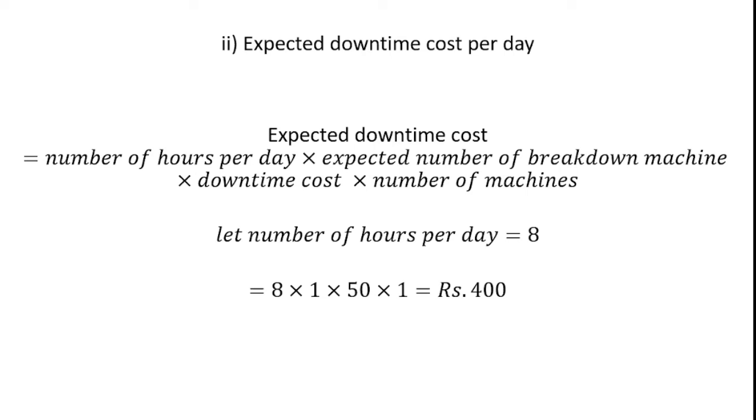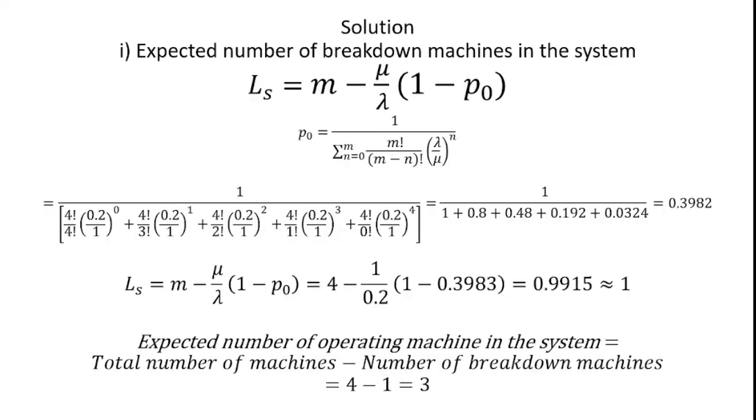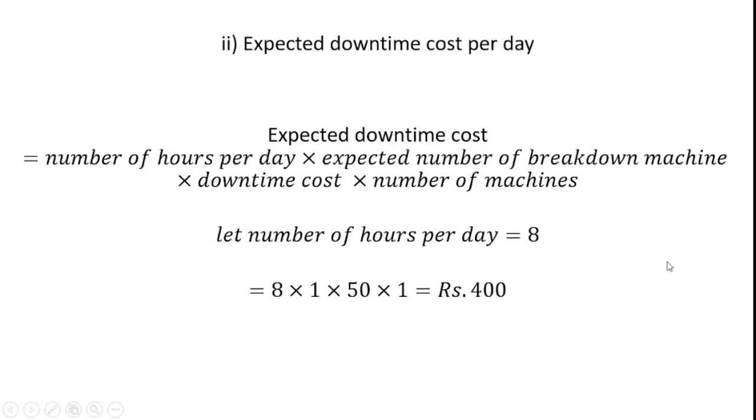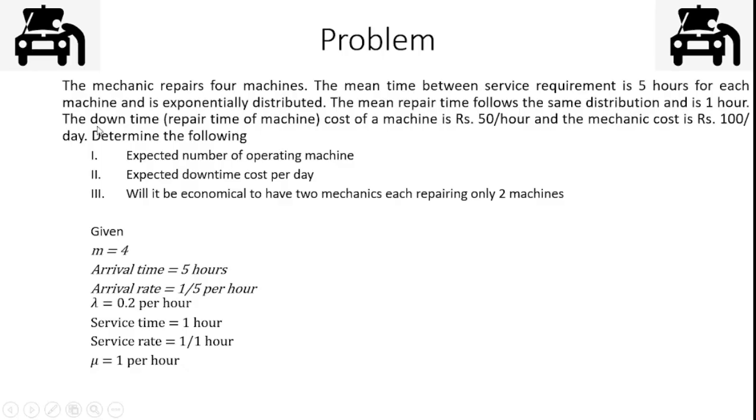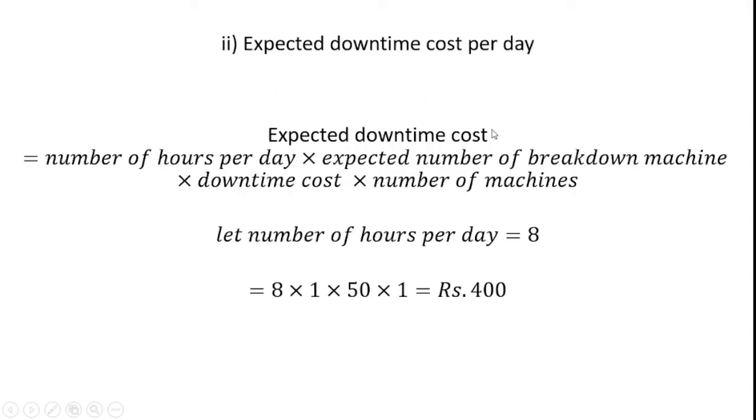And then the expected number of breakdown machines, which I already determined, is 1, so 1 into downtime cost. How can we identify the downtime cost in the problem? The downtime cost of a machine is rupees 50. The data is given in the problem, so I substitute 50.